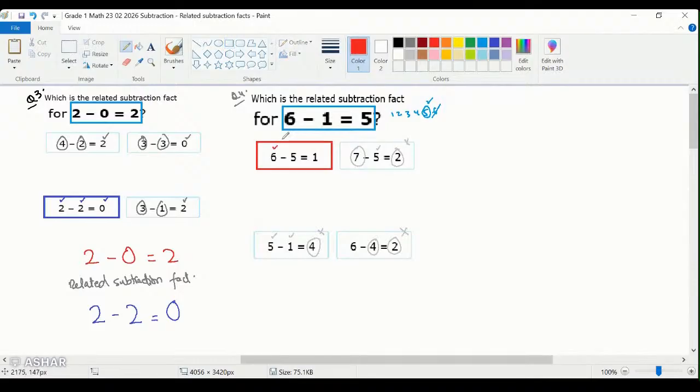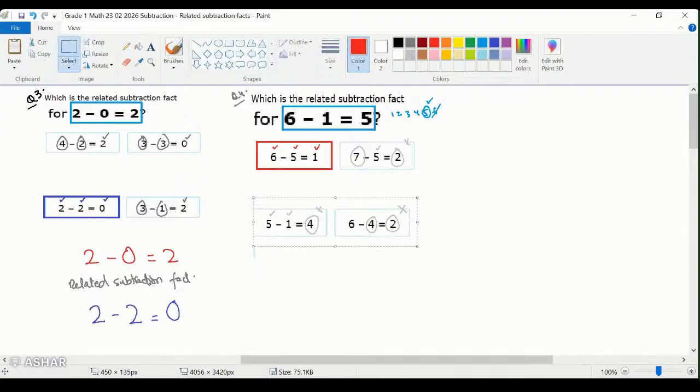We have the 6, the 5, and the 1. That means the subtraction related fact for this given question, 6 minus 1 equals 5. If we have 6, and we subtract a 1, we're left with 5.